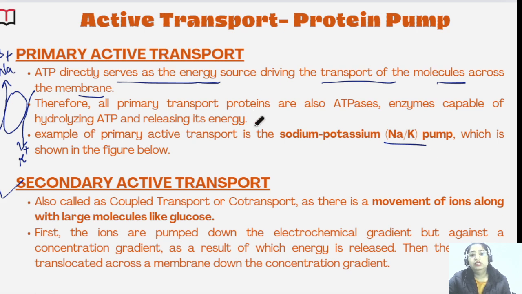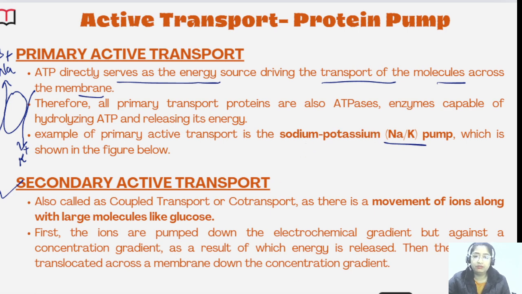So when the sodium is moving downhill, the energy of this downhill movement is used to move the other solute in the uphill direction. That is basically the primary active transport. But in the secondary active transport, what happens? This energy is going to move the other solute in the uphill direction.